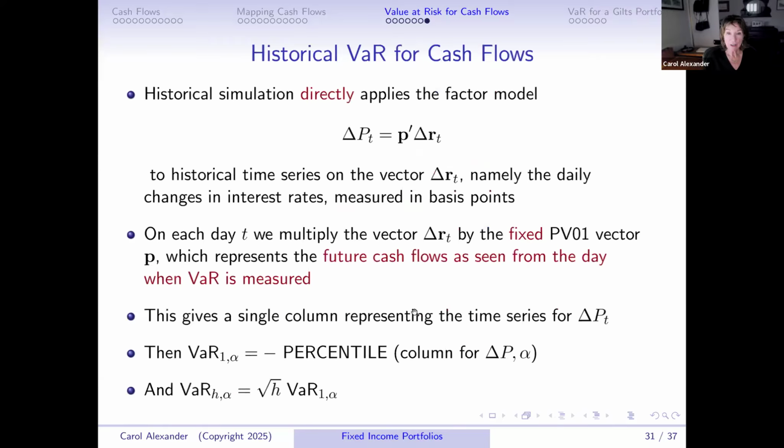For the historical VAR, we just use this risk factor mapping directly. We compute one more column, row by row, from the data on the basis point changes, delta RT, keeping P constant every time, and then calculating a sum product of a P vector with an R vector.